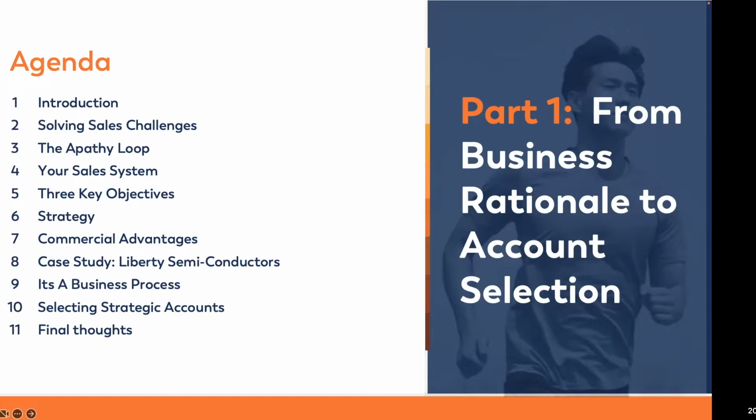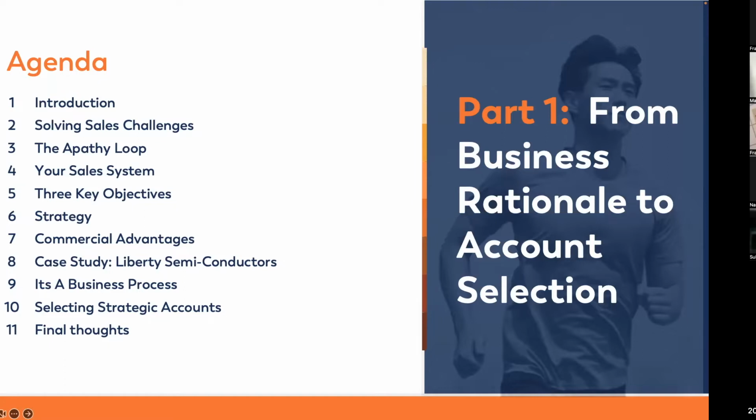Where we want to land at the end is to give you some guidance on how to select accounts. And for those people that have turned up today, we will email you afterwards with a couple of things. One is the white paper that accompanies this, but also a tool to help you with account selection as well. So we'll send that to you probably tomorrow.